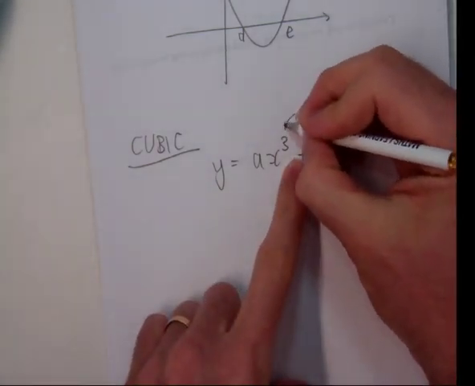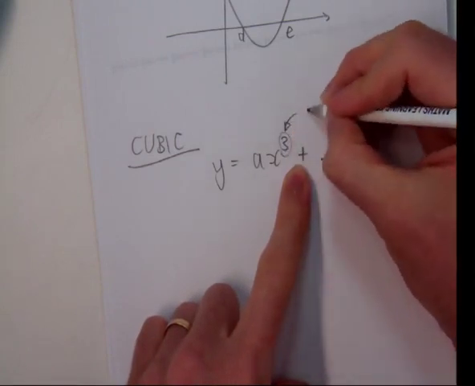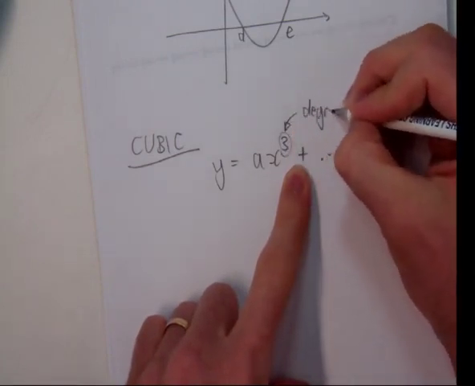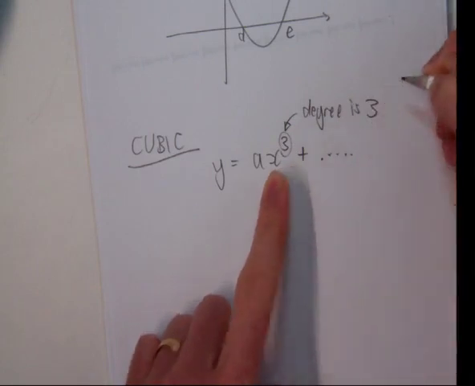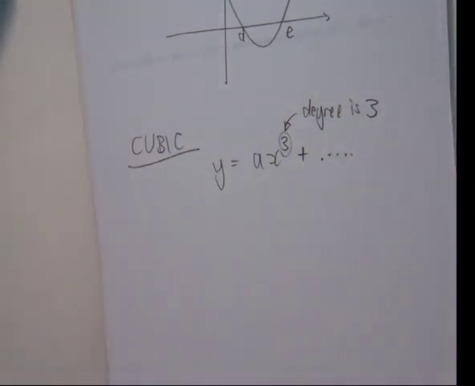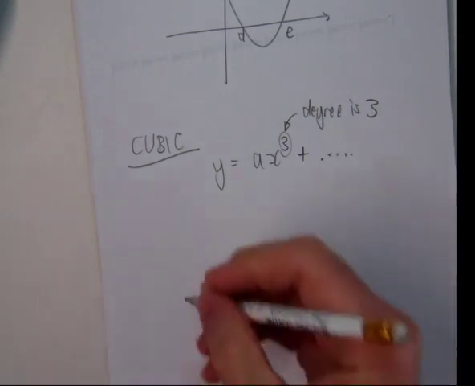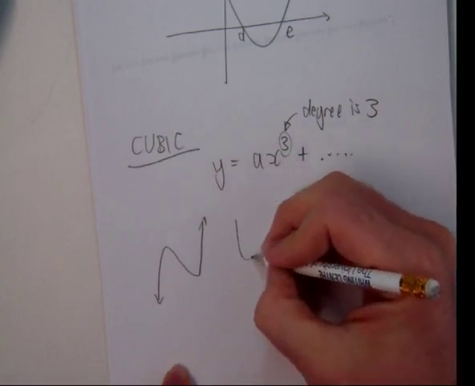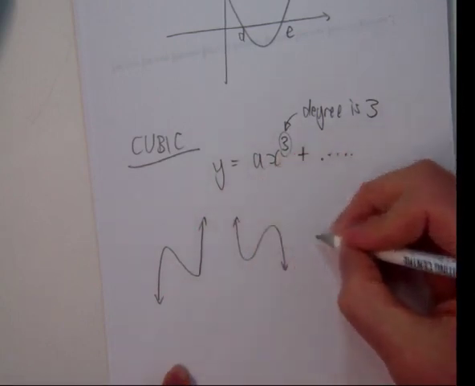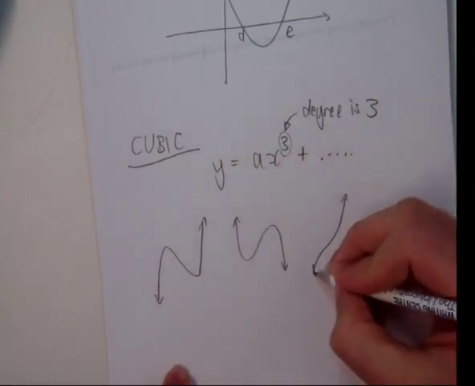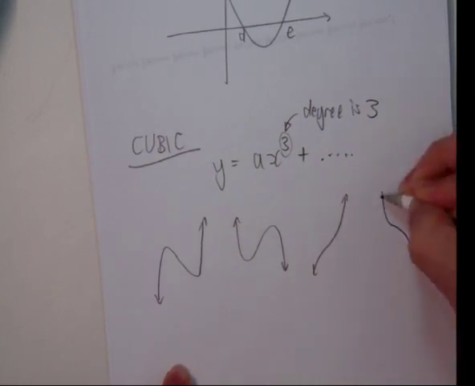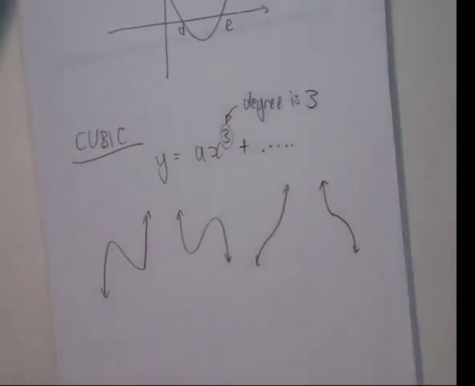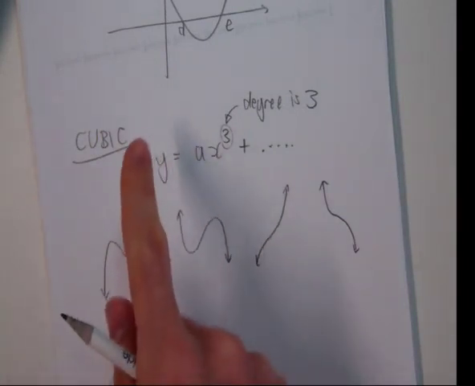This number here is called the degree. The degree is 3. It's a degree 3. And cubics have the tendency to look like this, or like this, or they may look like that, or like that. Okay, so cubics, the two ends point in opposite directions.